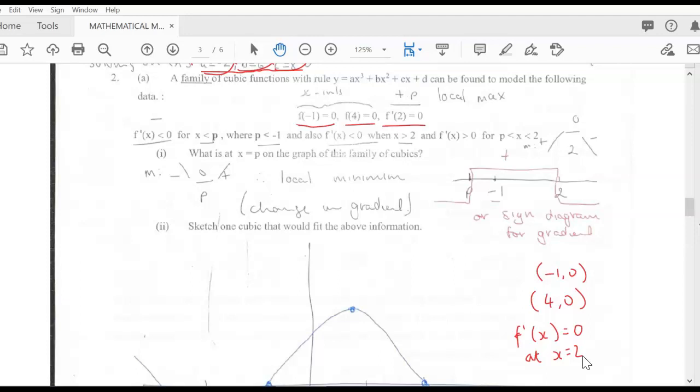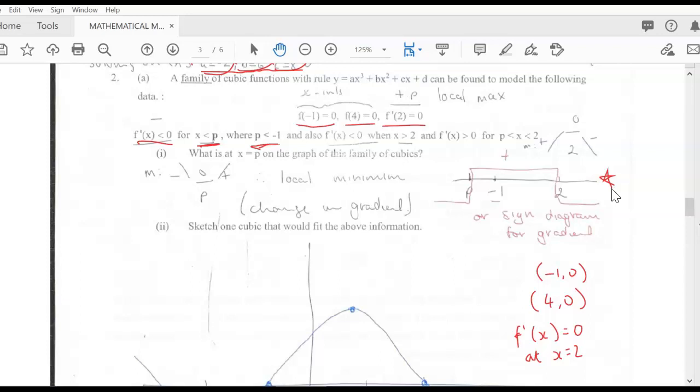So your gradient function is less than 0 when x is less than p, where p is less than -1. So what we've got just here is a sign diagram. That's going to help us decide what type of turning point or stationary point is happening at x equals 2.